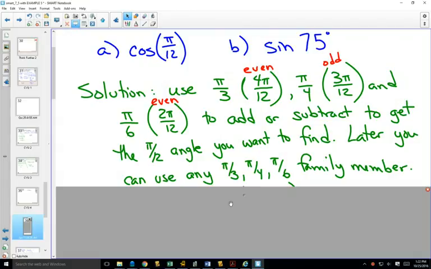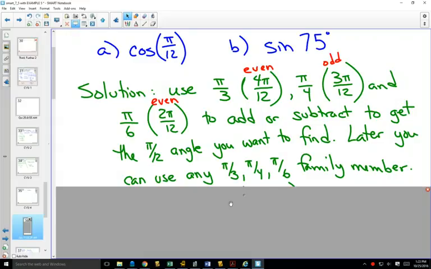So if I had 4 pi over 12, 3 pi over 12, and 2 pi over 12, and I was allowed to add or subtract, could you think of one way that you could get pi over 12? If you took pi over 3, which was 4 pi over 12, and you subtracted pi over 4, which was 3 pi over 12, can you see that you would get 1 pi over 12?